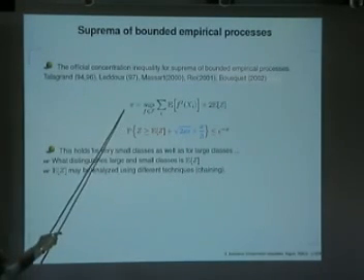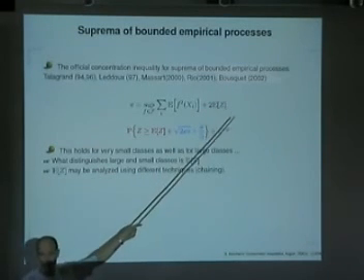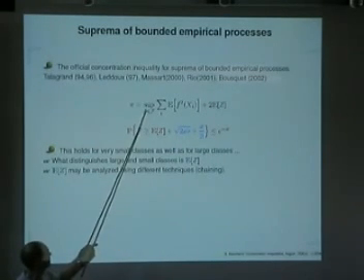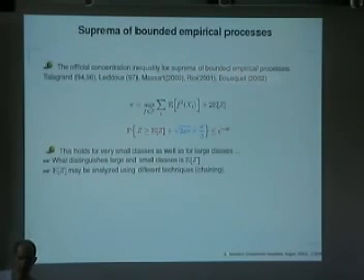And it tells you that if you use this as a variance estimate for your empirical process Z, you can use a tail bound in this user-friendly off-the-shelf form.